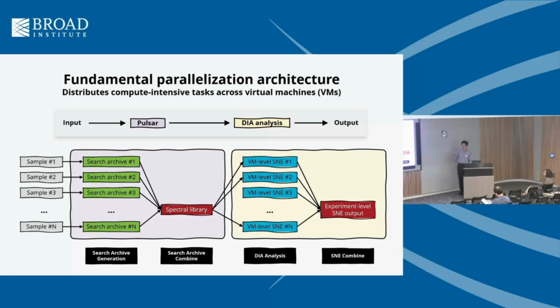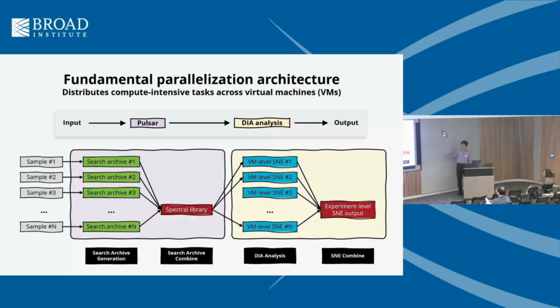And everything looks very good and peaceful here. Really simple architecture, but when we tested it out, the fundamental shortcoming with this approach is that, if you recall, in the conventional directDIA you calculate the FDR using the information from all the samples across the entire data set. But here, when you're generating the search archives, the FDR is calculated locally using only a subset of the files.